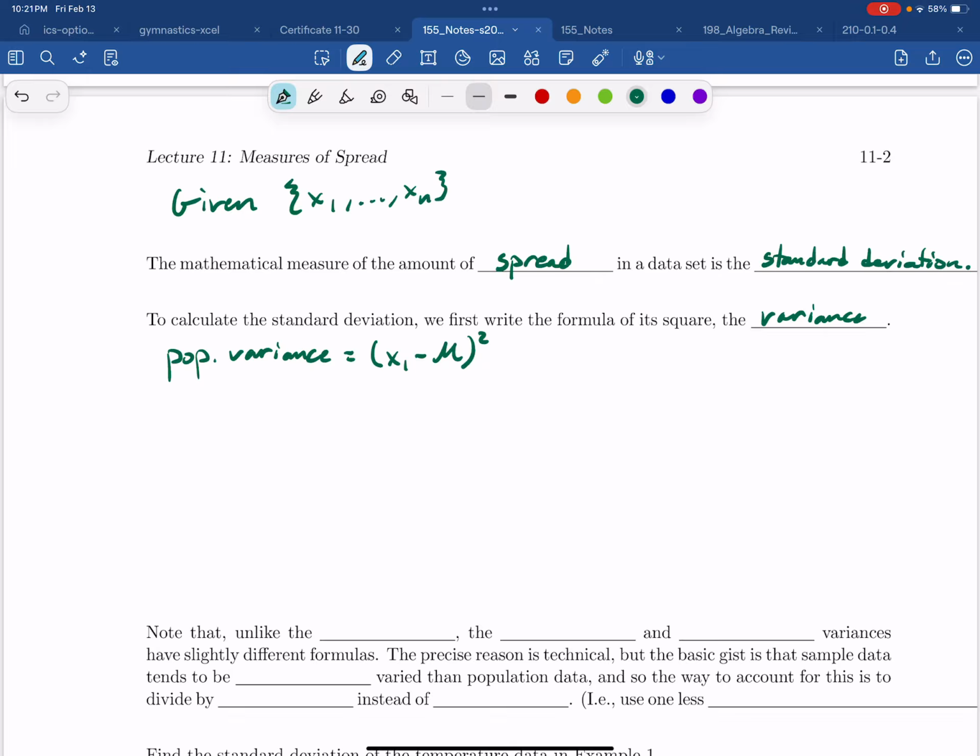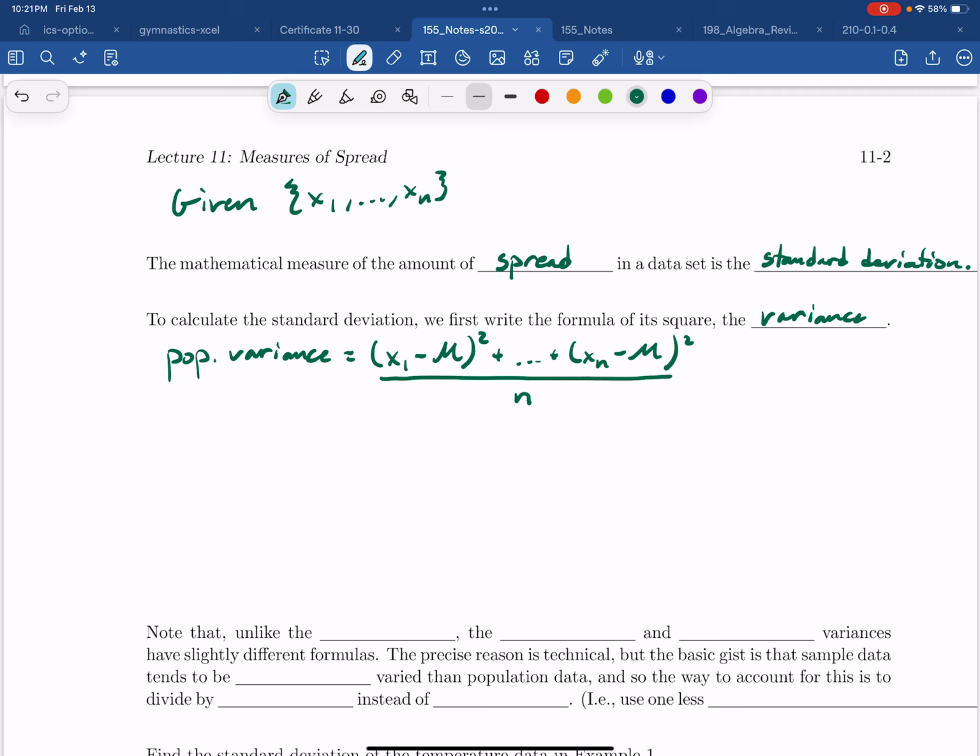So the difference between each value and the population mean, and then we square it. Plus, we do the same thing with the last one. And then we take the average of all this. We just divide by n.